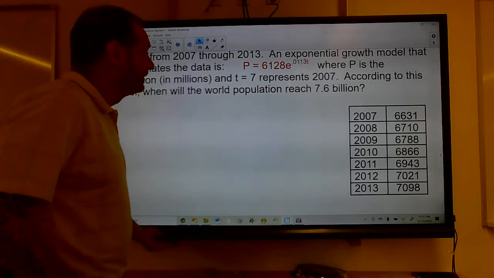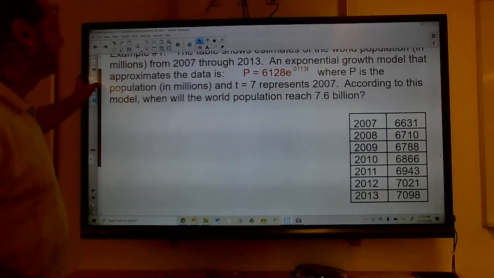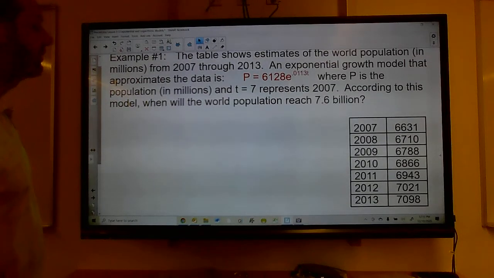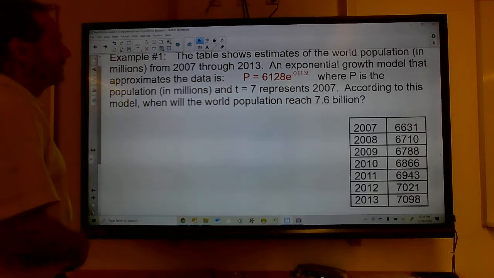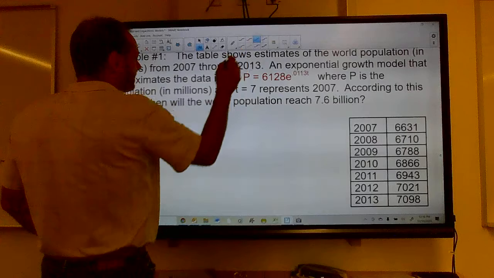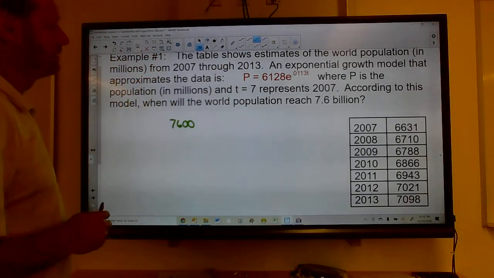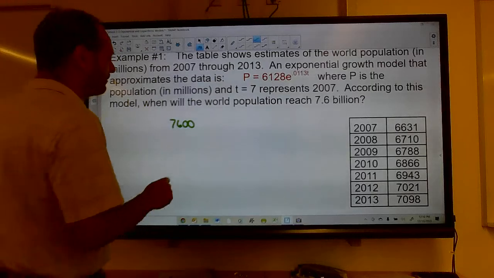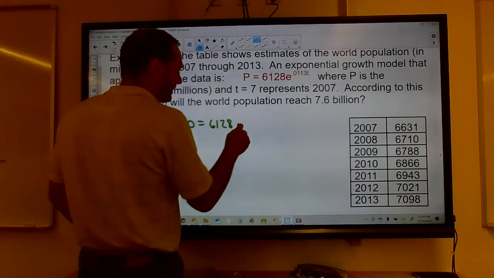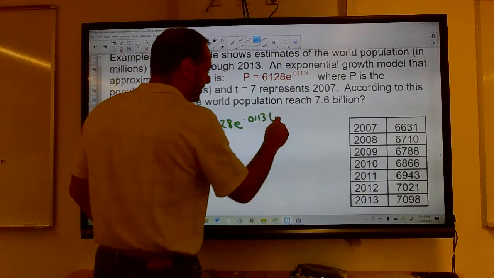Okay, so let's see, this is all in millions, so 7.6 billion would be 7,600 millions. So we want to know when that's going to equal 6,128 e to the 0.0113 t power.